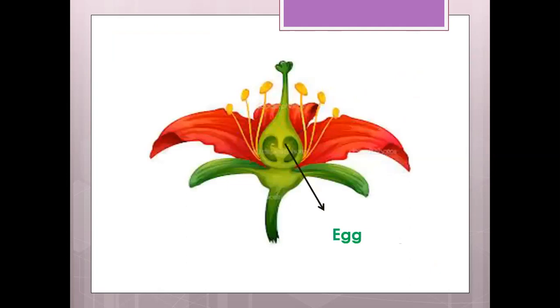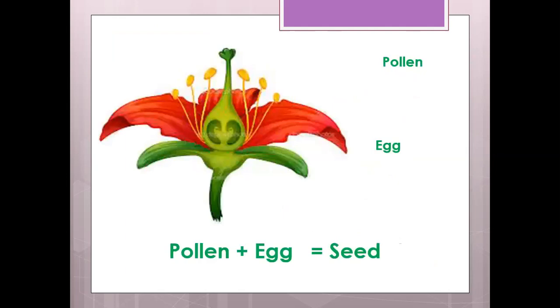Then what happens? The egg. The egg is where? In the female part of the flower. So the pollen, which is in the male part of the flower, plus the egg, which is in the female part of the flower, they are mixed together, they are stuck together to be forming the seed. So did you know how the seeds are formed?